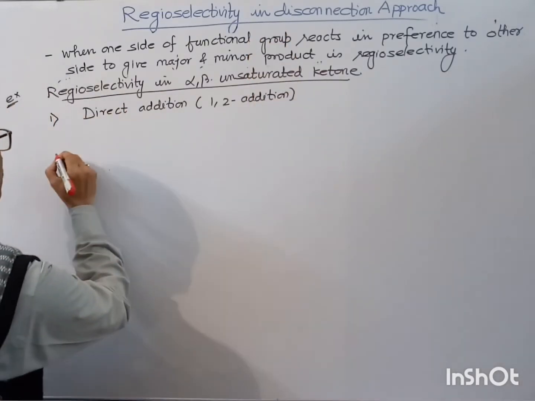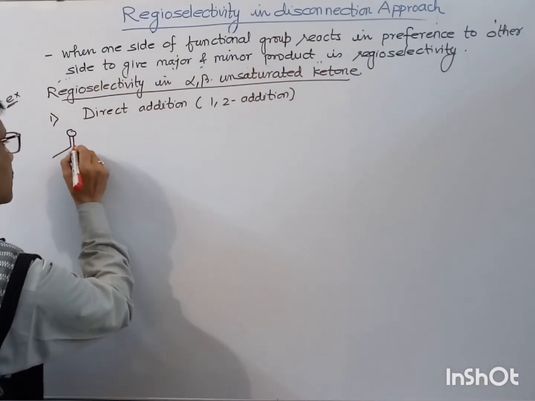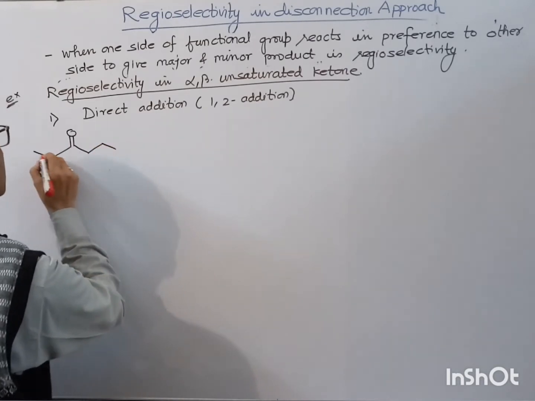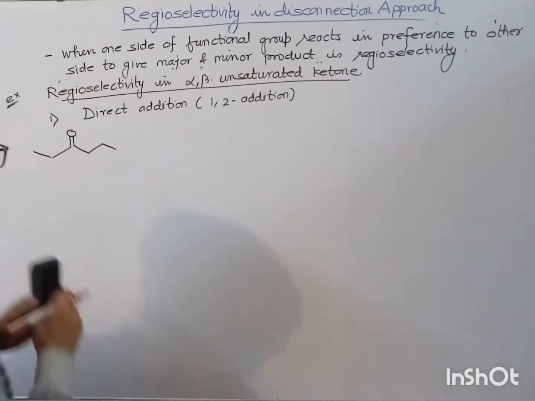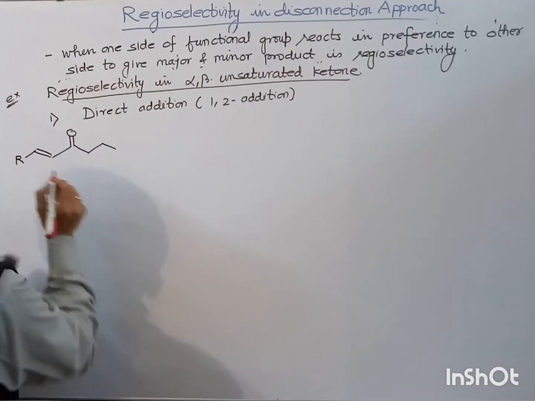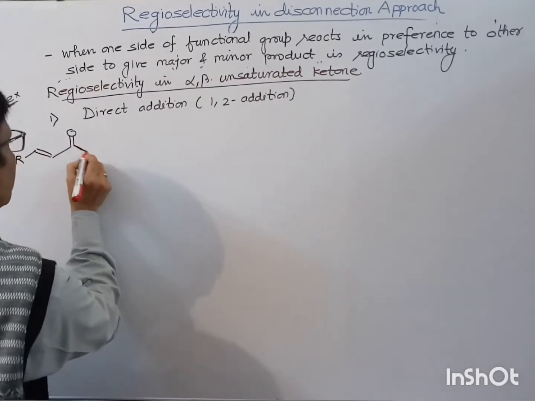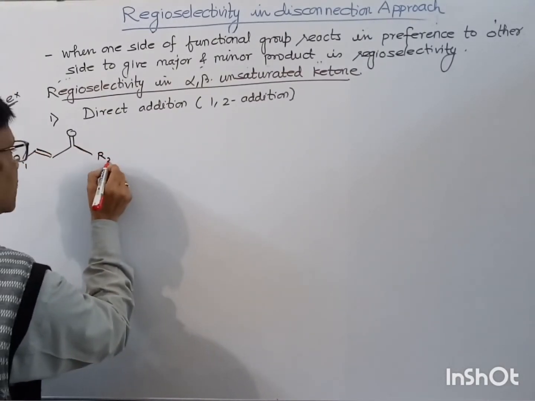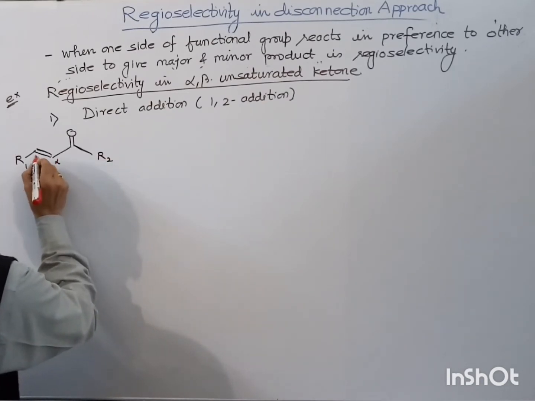So let's take one example. If you have this alpha beta unsaturated ketone, this is alpha, this is beta.